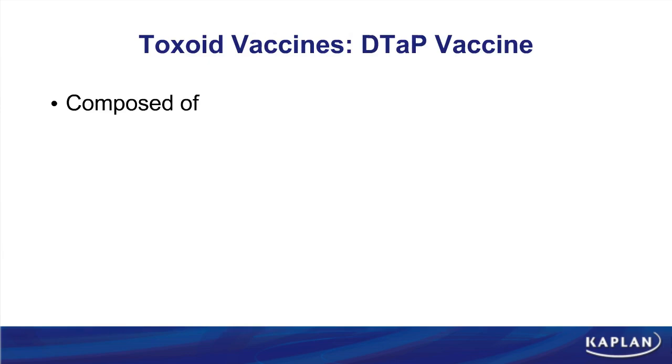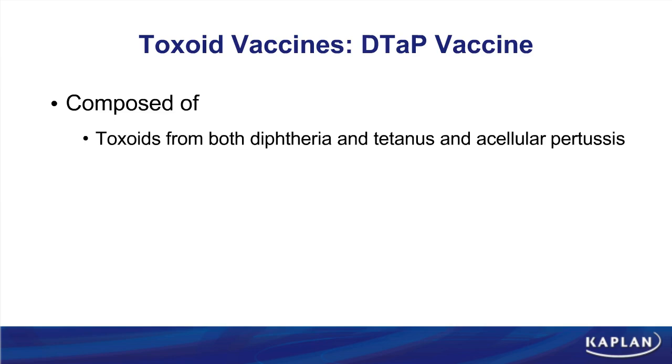So you may have noticed that sometimes you'll see the DTaP vaccine and then sometimes you'll see the DTP. When you see DTaP, that means that the vaccine is completely acellular. So that's what the A actually stands for in front of the P, acellular. And it's composed of toxoids, or even for pertussis, some filamentous hemagglutinin from those organisms.